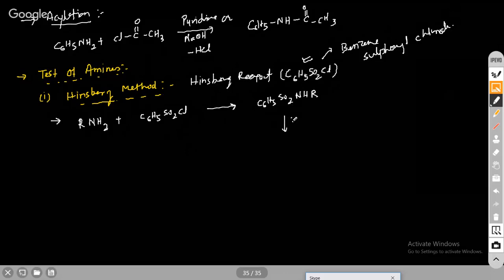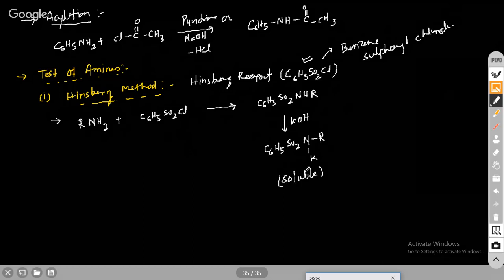Now, when this you put into any alkali solution, suppose KOH, what happens? This H and OH minus form H2O, and we'll get C6H5SO2NRK, potassium salt. This salt is soluble, and this is the test of 1 degree amine.